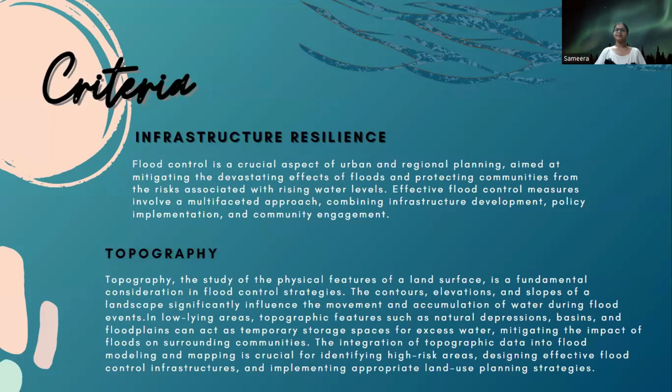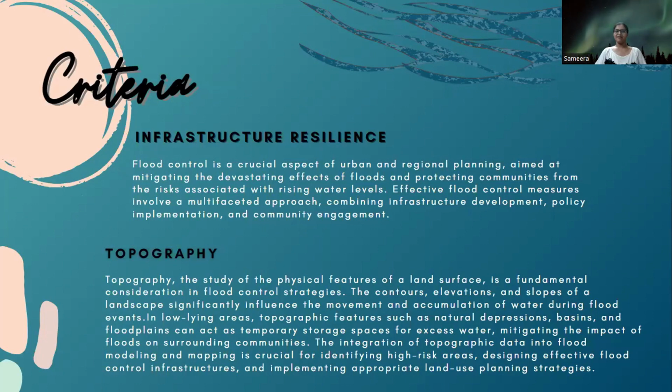Topography. Topography is another important criterion of flood control measures. Topography, the study of the physical features of a land surface, is a fundamental consideration in flood control strategies. The contours, elevation, and slopes of a landscape significantly influence the movement and accumulation of water during flood events.